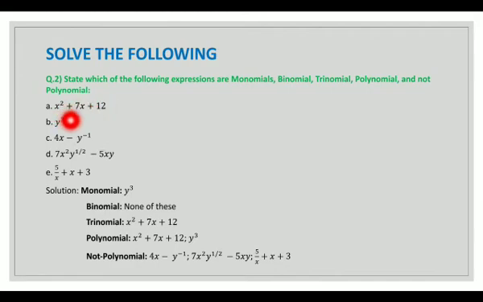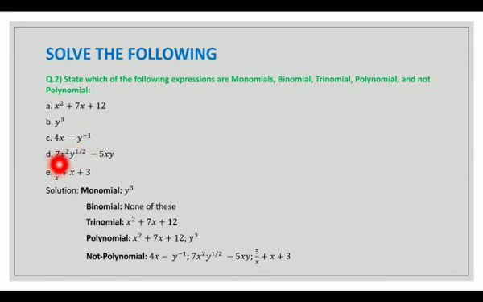X square plus 7x plus 12 and y cube, as the powers of the variables are positive, so we can say these are polynomials. Which are not polynomial? The C option, 4x minus y raised to minus 1, here the power is negative, so it is not a polynomial.